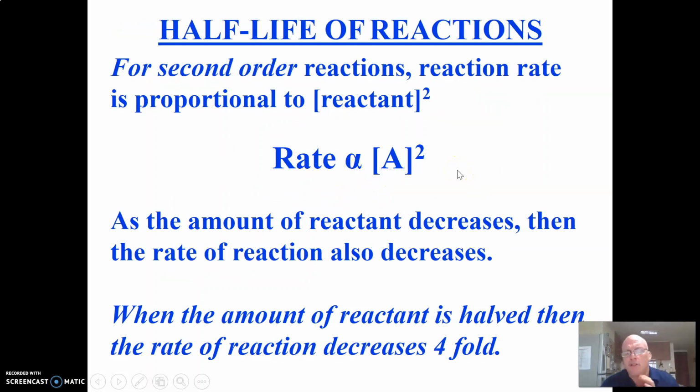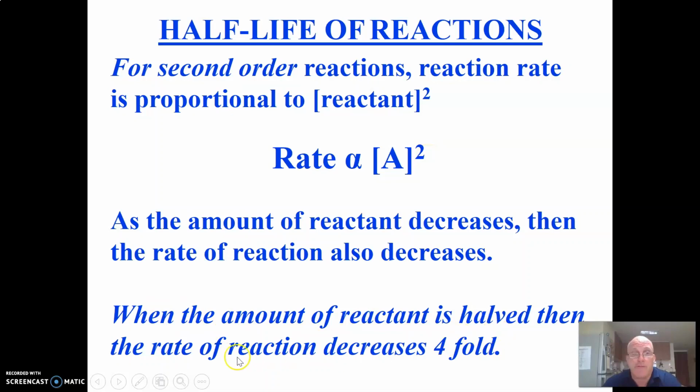Now, let's have just a quick look at second order, okay? Although I don't recall ever seeing a question on this, it's not difficult to understand. You know that the rate is proportional to the square of the concentration. So if the concentration is halved, the rate will go down to a quarter of what it was. Okay, here we go.